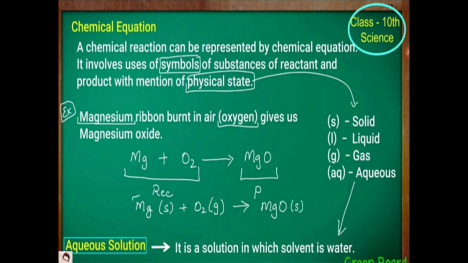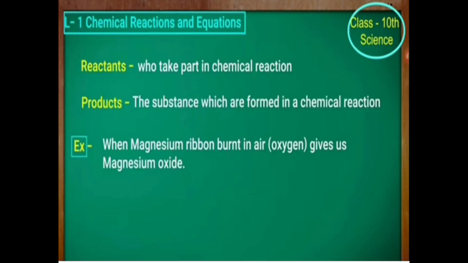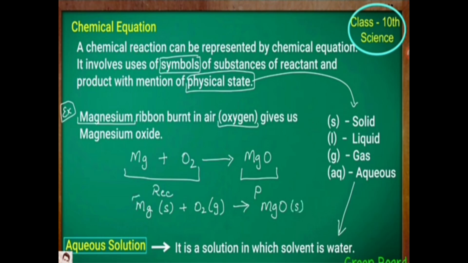In the chemical reaction, as we saw here, we have not written the symbols and the physical state. We have just written it as a theoretical example. But in a chemical equation, we have to represent it in the form of symbols, plus the states should be written.